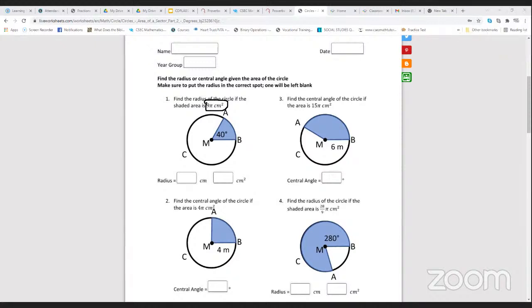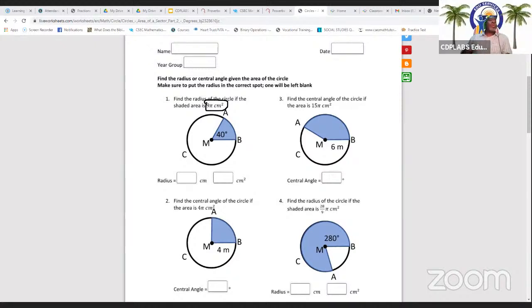9 times pi. Right. All right, so they say the area of the shaded region is 9 times pi.